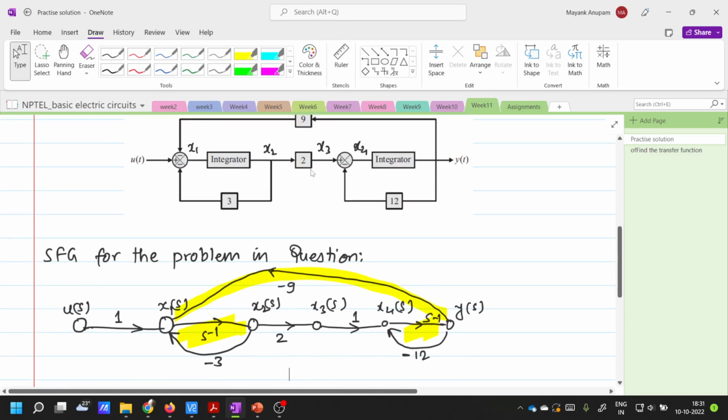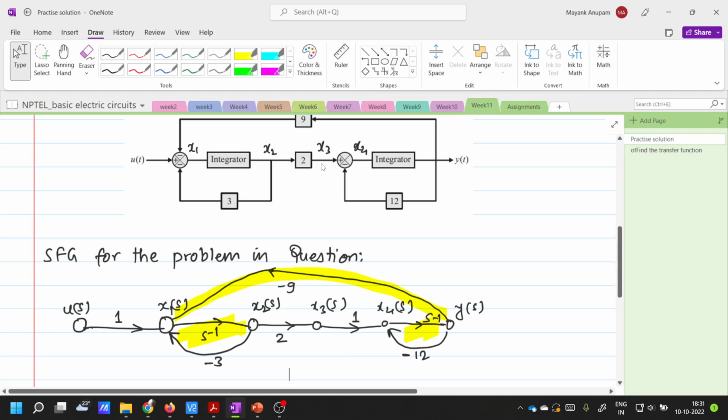Now similarly you can complete the whole network here, okay? You see x2 here, x2 is this node right here. It is multiplied by 2 and then that is x3. So x2 to x3 is simply a factor of 2 here, and the arrow is shown in the forward direction because this is how the arrow is shown here, okay?